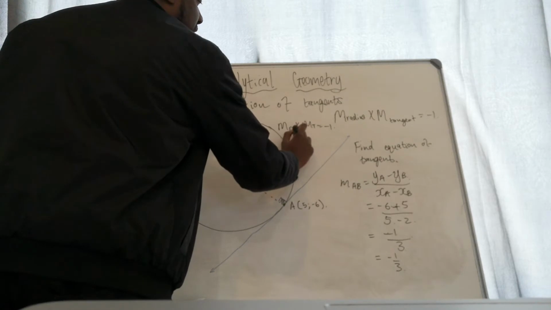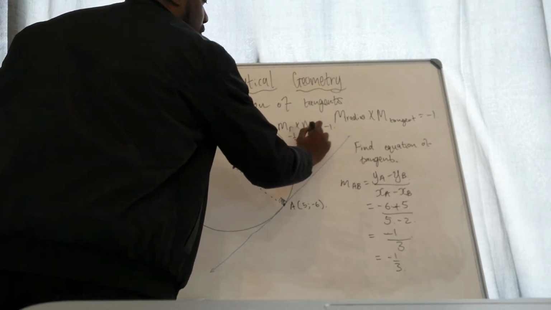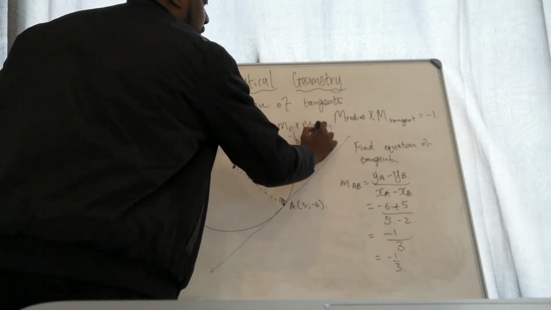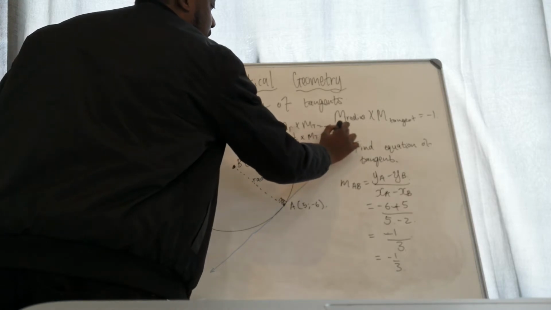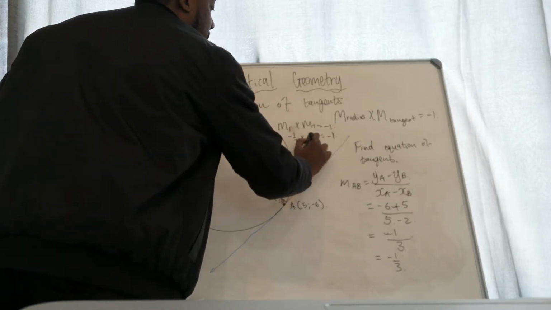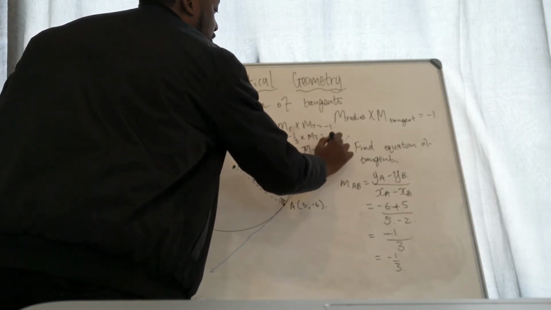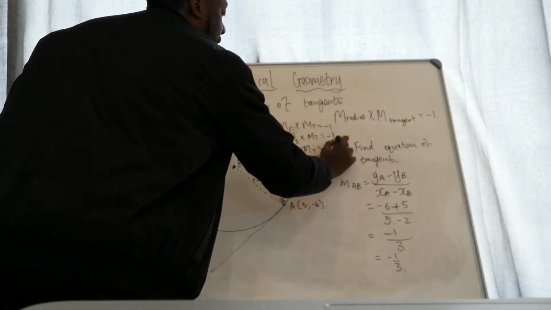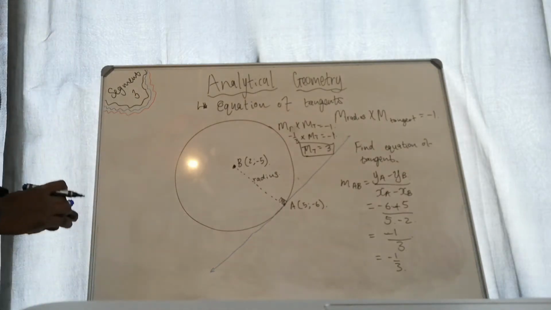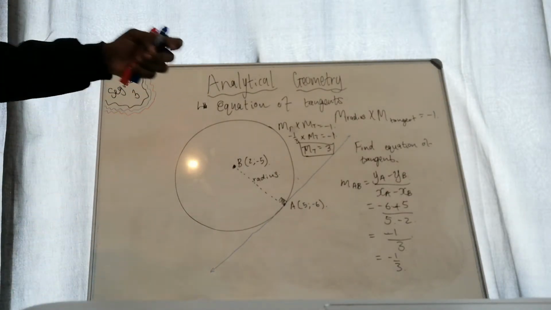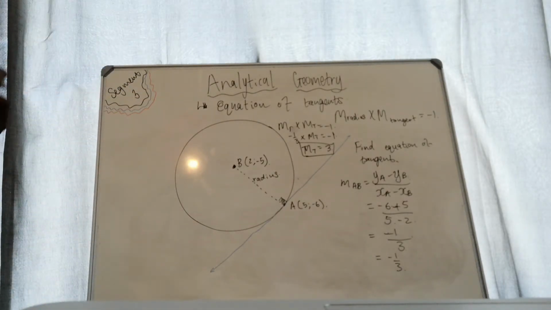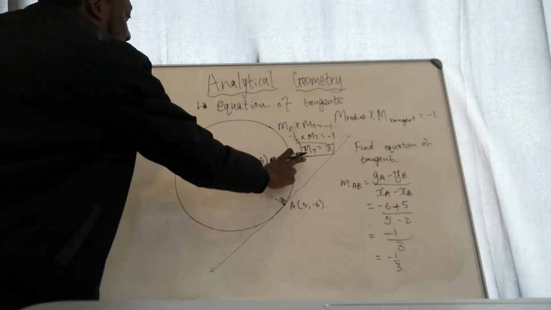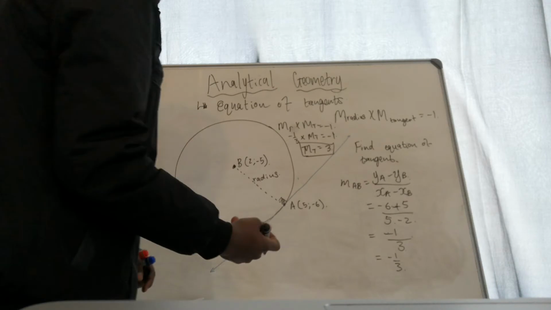M of the radius is negative 1 over 3. So m of the tangent is just going to be a positive 3. You can calculate that yourself. You just divide by negative 1 over 3 on both sides, you get a positive 3 on the right hand side. So now I got the gradient of the tangent.